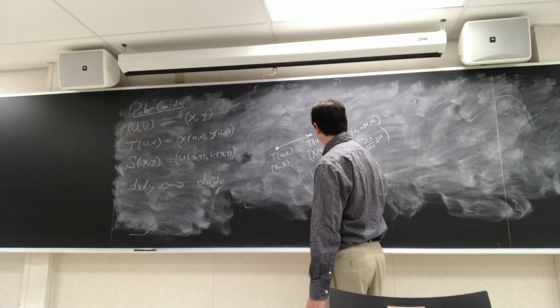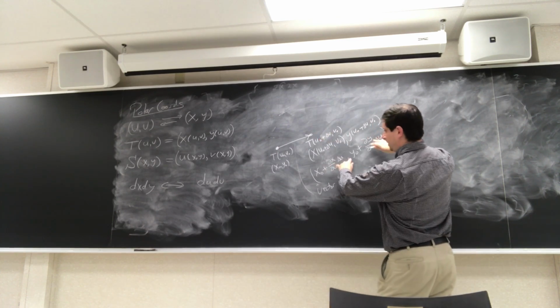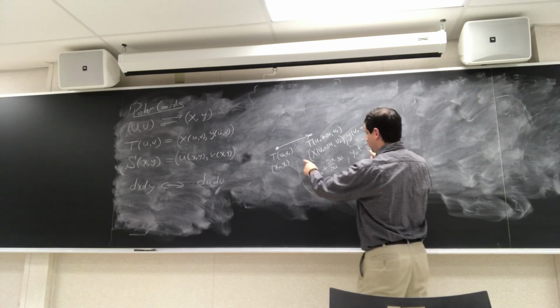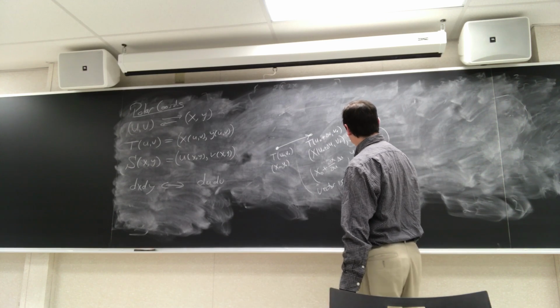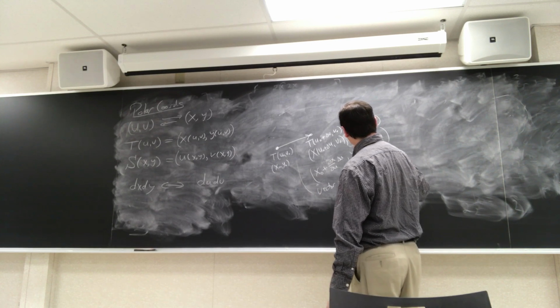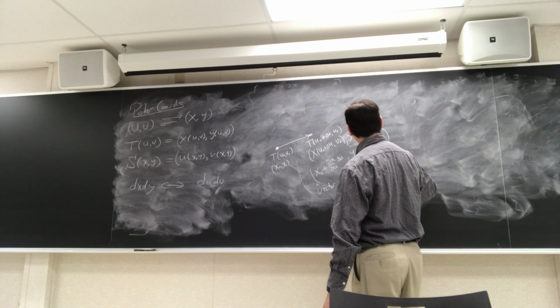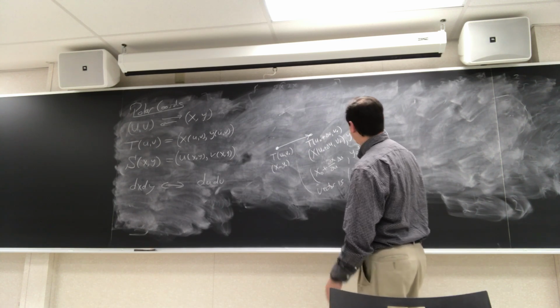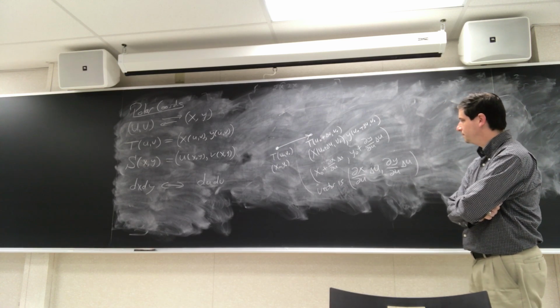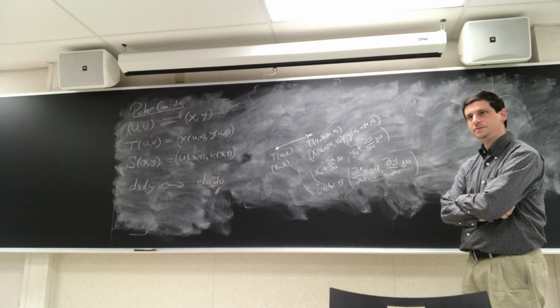So the vector is going to be this pair minus that pair. The x naught cancels, the y naught cancels. So the vector is just going to be (dx du delta u, dy du delta u). Right?